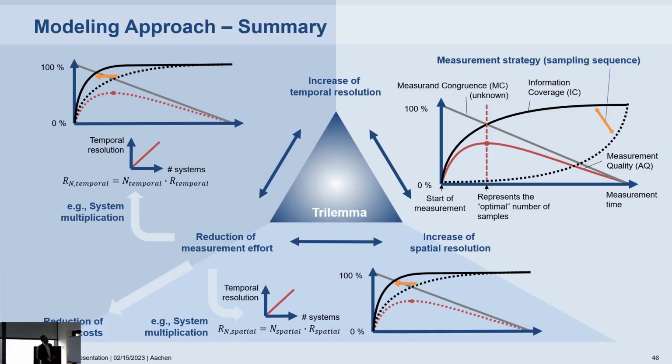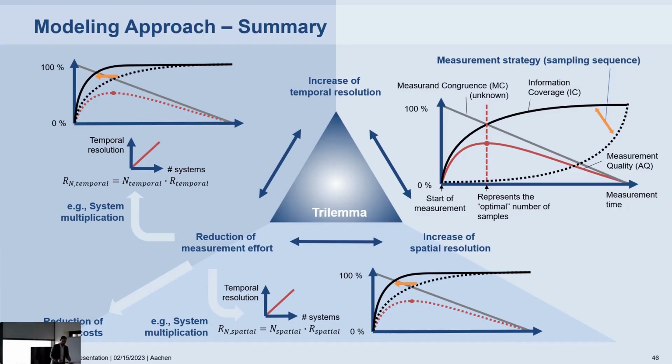And furthermore, this also affects the information coverage curve, but in another way. It will compress this curve to the left. We see it here. It will be compressed to the left, and by that, also the peak point of the measurement quality will be increased.